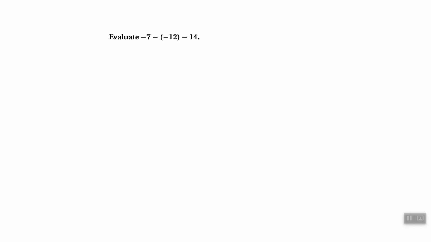So we have negative 7 minus negative 12 minus 14. First, we want to look at that negative 12 and add the opposite. So negative 7 minus a negative 12 minus 14 can also be written as negative 7 plus 12 minus 14.